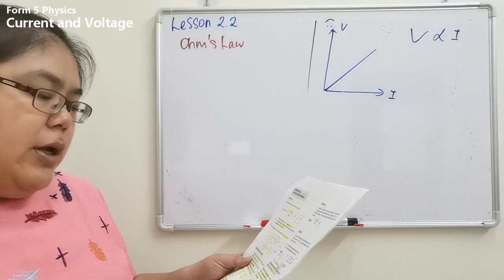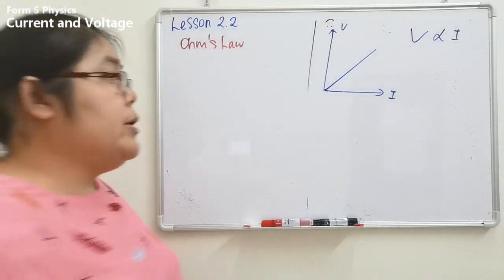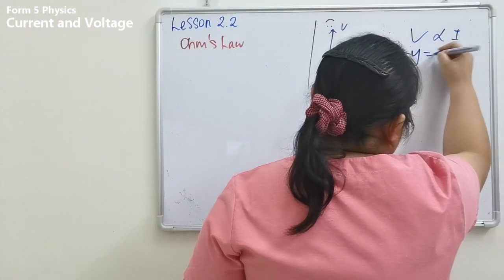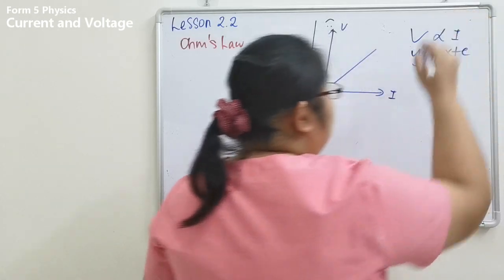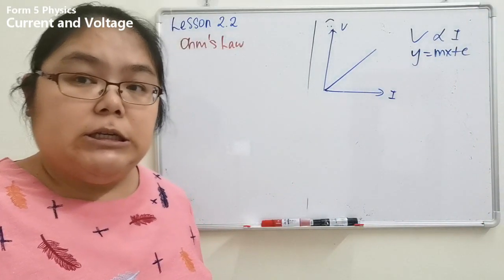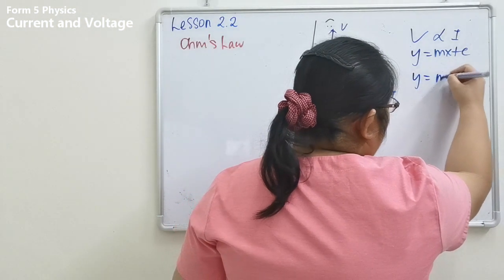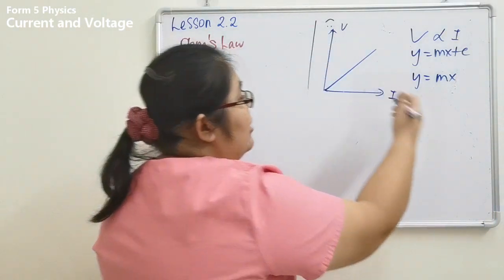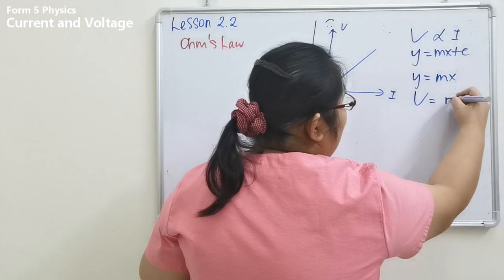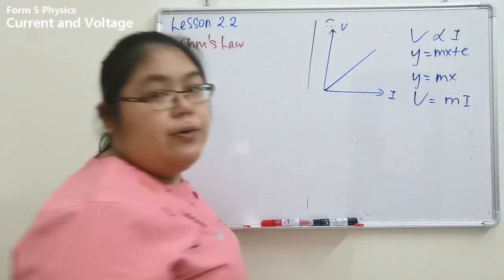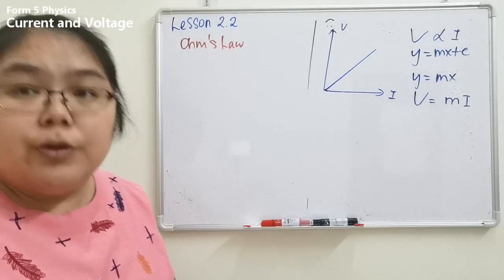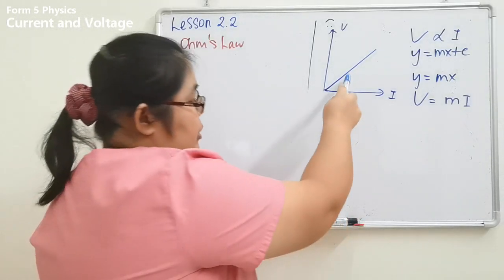Okay, so from here, if I want to create the equation, remember the equation y equals mx plus c. From this graph, we do not have any c, so we just write y equals mx. So from the graph, V equals mI. Agree? The m stands for the gradient from the graph.